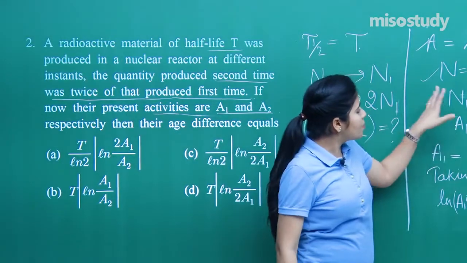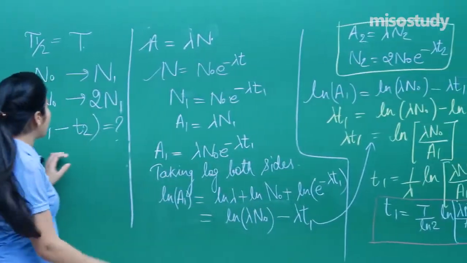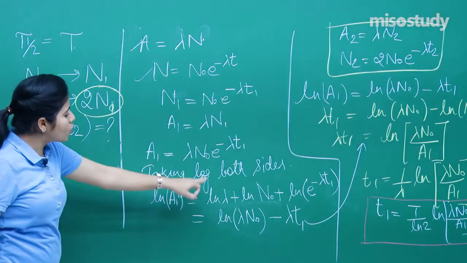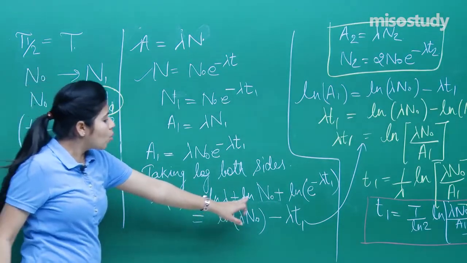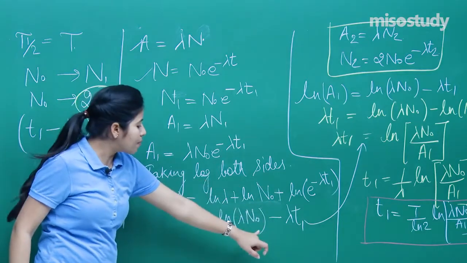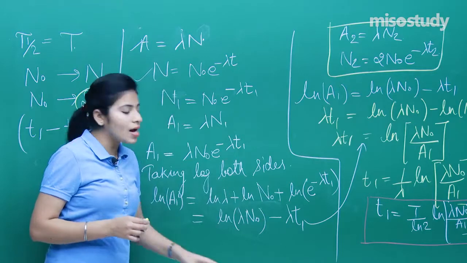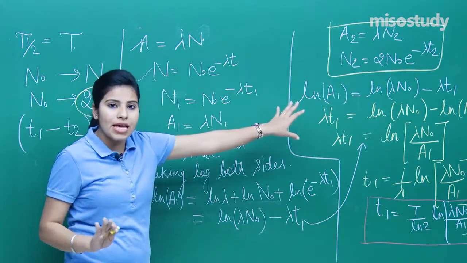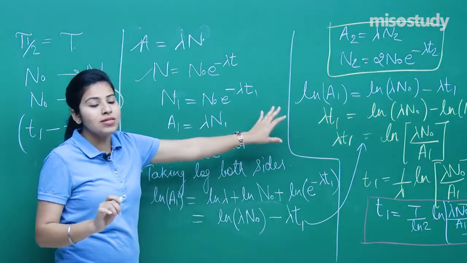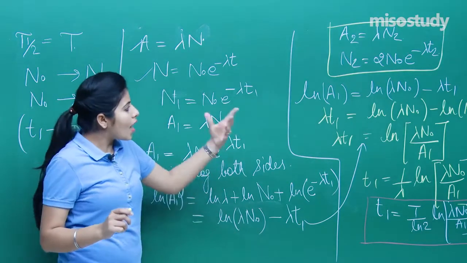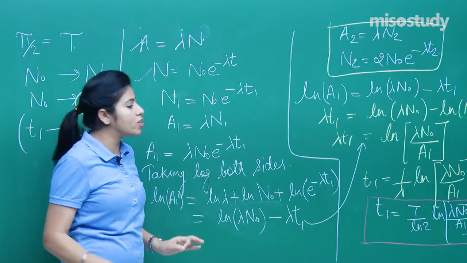So we will use twice of N0. If you put this value 2N0 in place of N0, the complete equation will be the same, but the only difference is that 2 is going to be added over here.